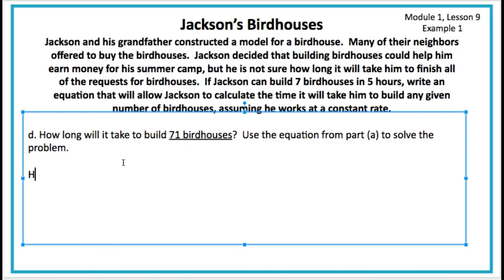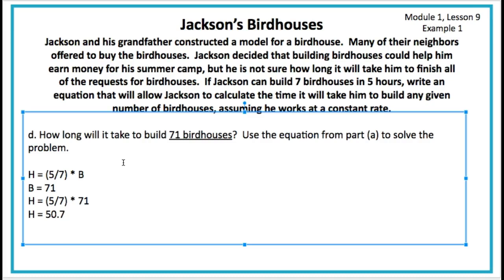So once again, H is equal to 5 over 7 times B. B is equal to 71. H is equal to 5 over 7 times 71, which equals 50.7.